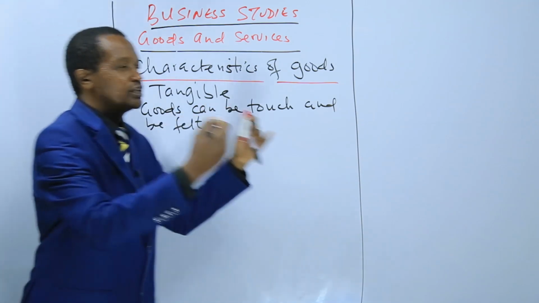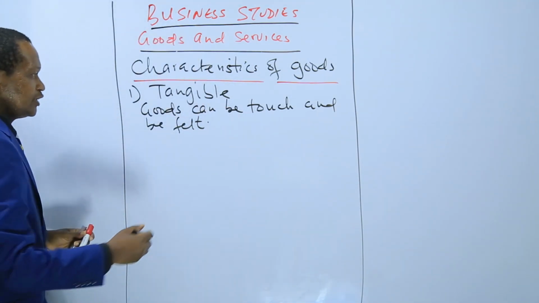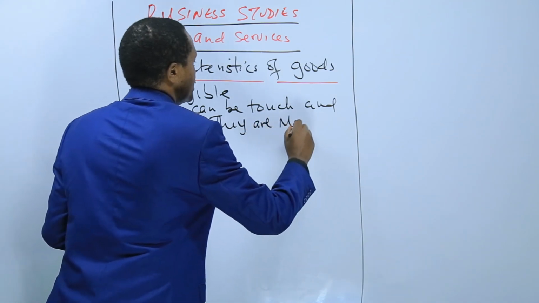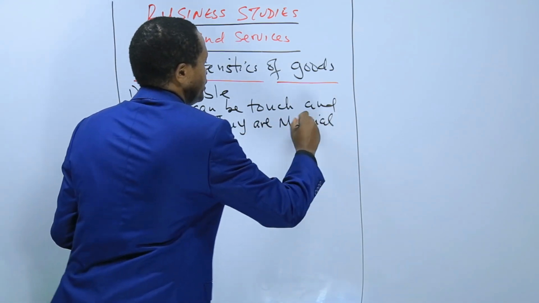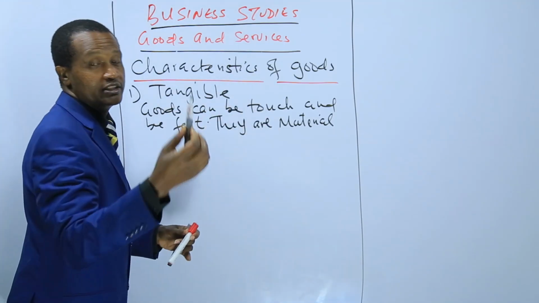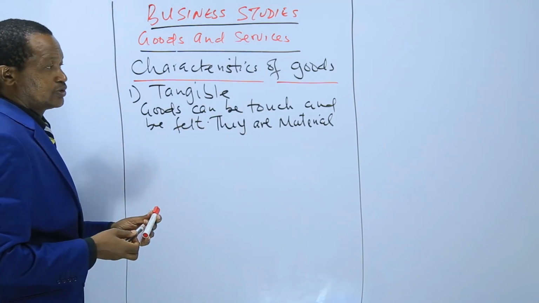Because goods are material. They are physical. You can see goods with your eyes, right? You can feel them.